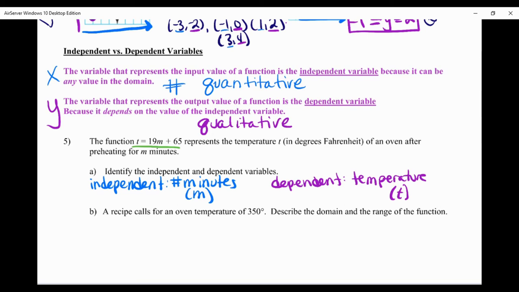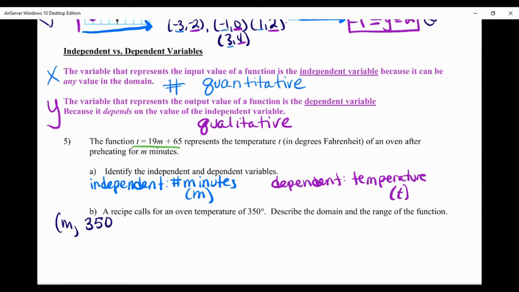So 350 is going to be the max temperature. Let's first find out, and obviously 0 minutes is the minimum time. We need to find how long it takes for the oven to reach 350 degrees. Actually, I'm going to use m.